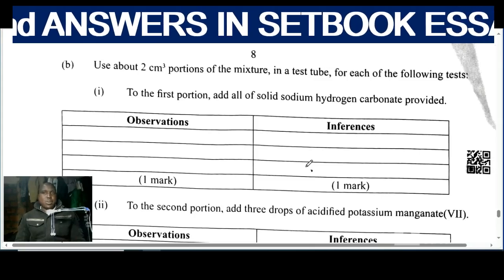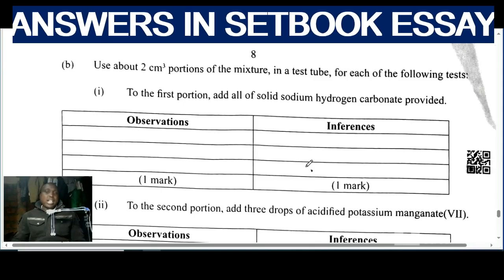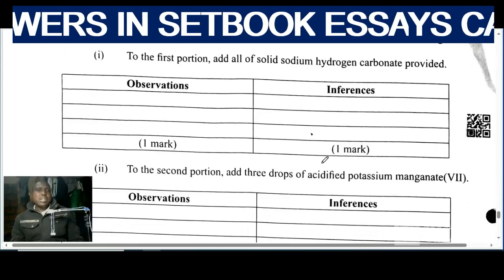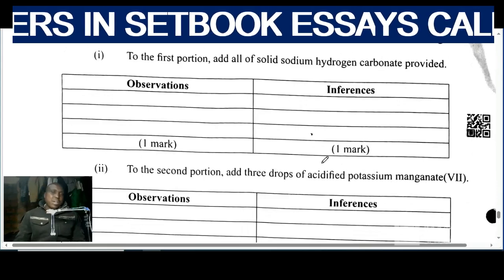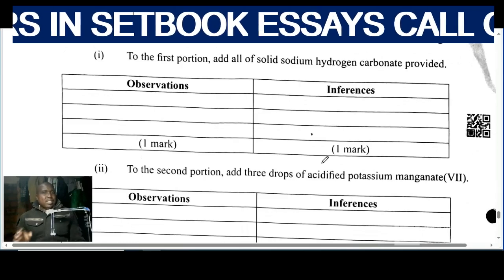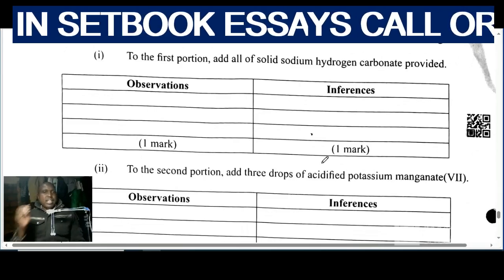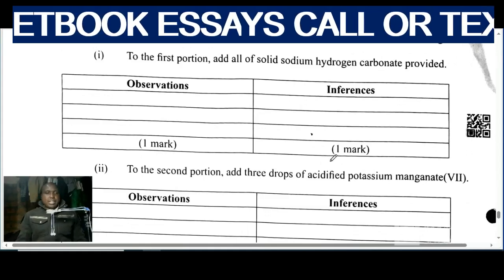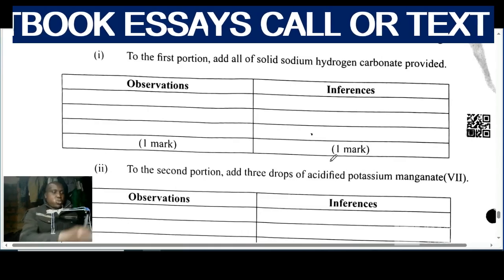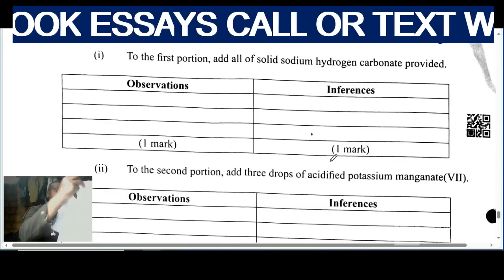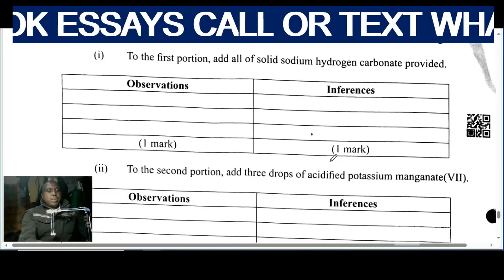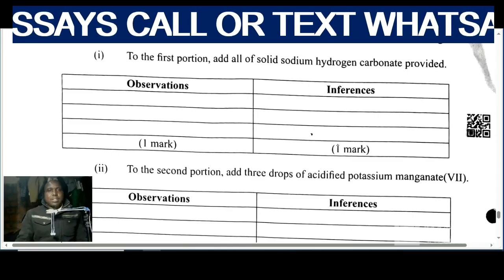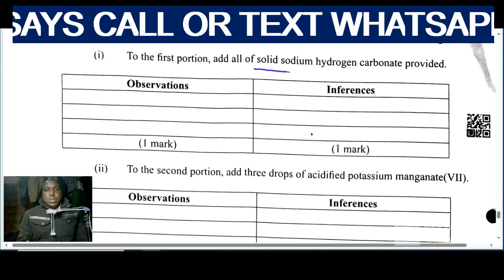If you add sodium hydrogen carbonate or sodium carbonate and there is no effervescence, we write that it does not occur. Whenever you are adding sodium hydrogen carbonate, expect effervescence. This one will not miss.